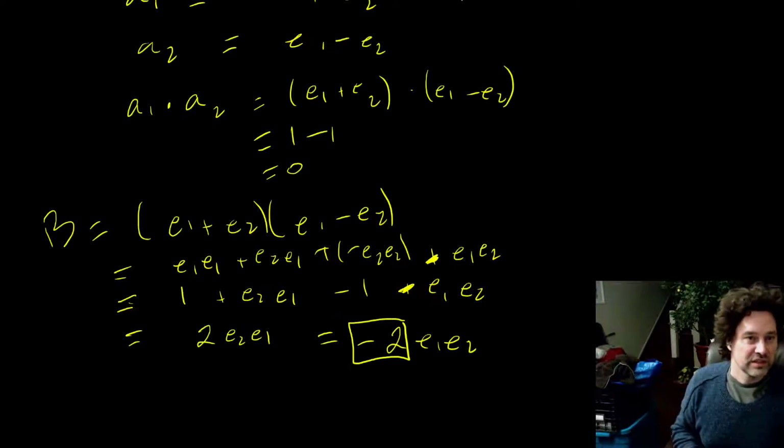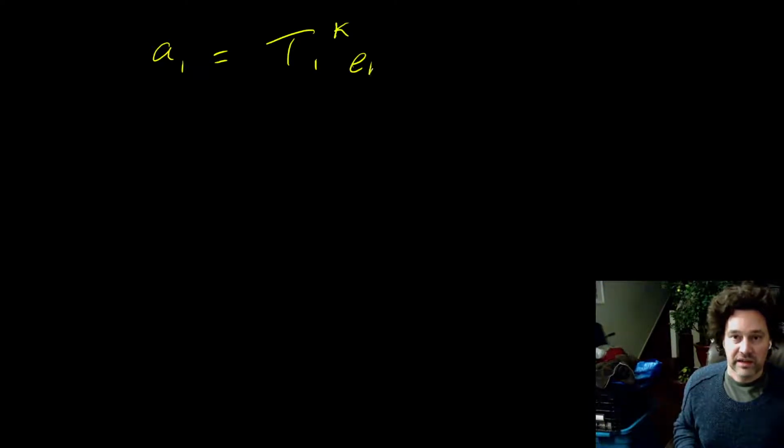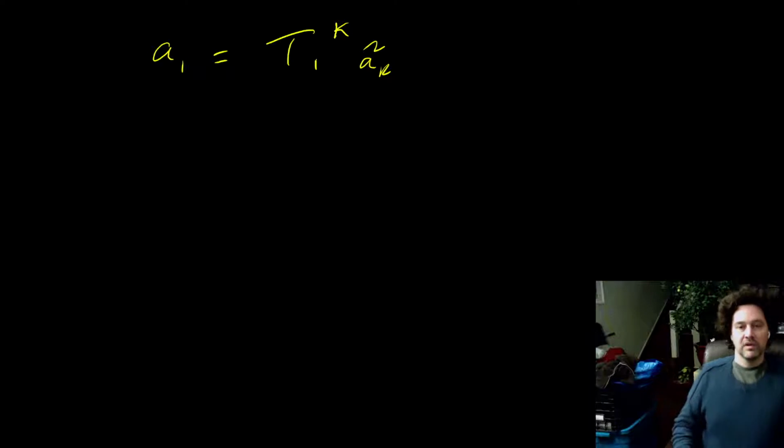So now let's try this with something more abstract, but less abstract than the final problem. So we'll just try the two-blade version of this. We'll say A1 is some linear transformation, sum of T1k times A-k tilde, and here I have implied sum.